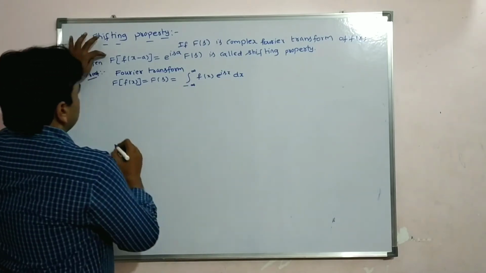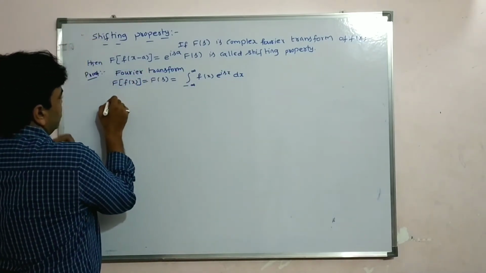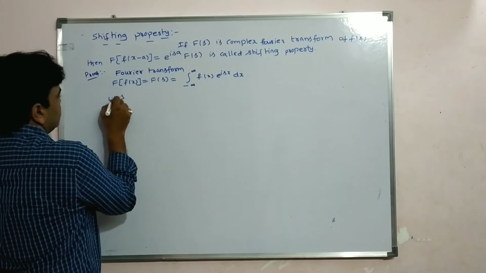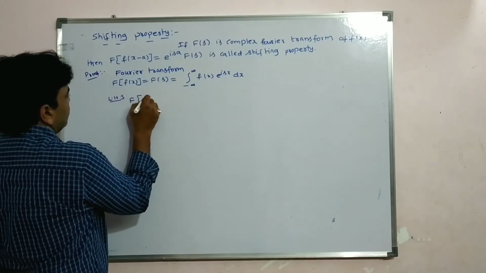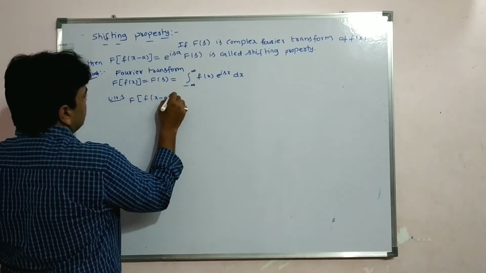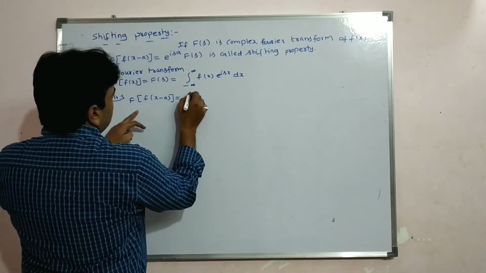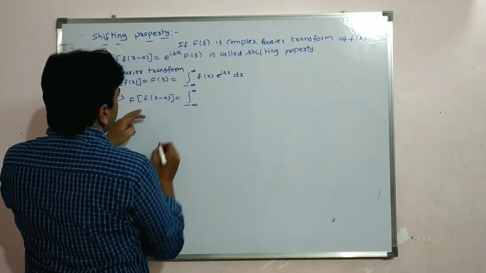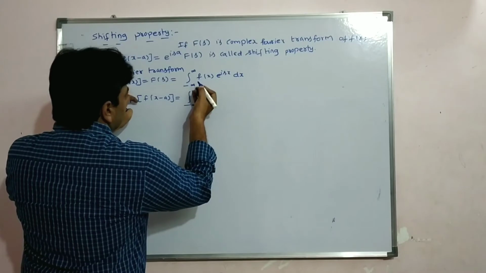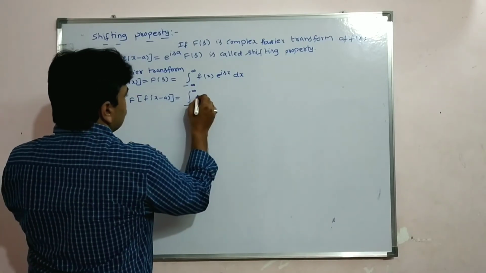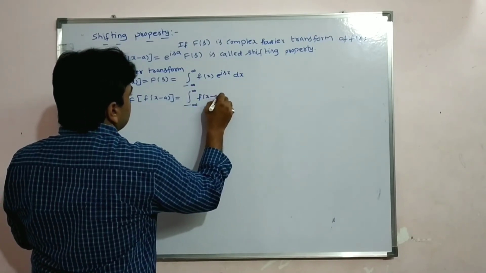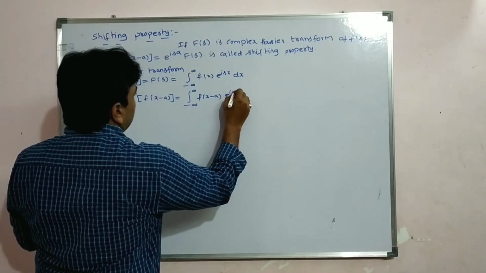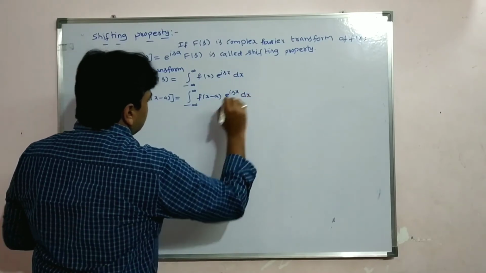Now we have here f of x minus a. Take the LHS: f of x minus a is equal to the integral from minus infinity to infinity. If there is f of x, we write f of x, students. We have f of x minus a, so f of x minus a e power isx dx.